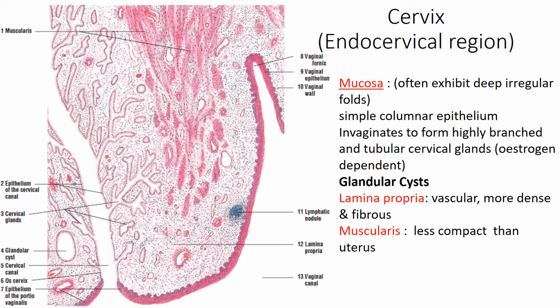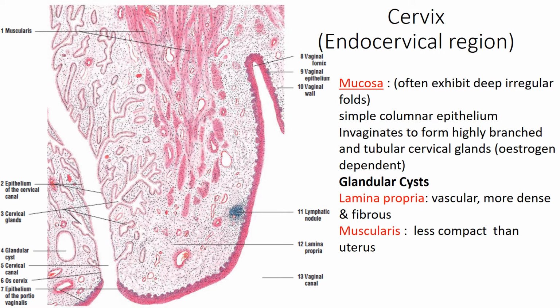This endocervical region has the mucosa similar to the mucosa of the uterine cavity. So the lining is simple columnar epithelium, though it is folded, and the folds are irregular and deep.